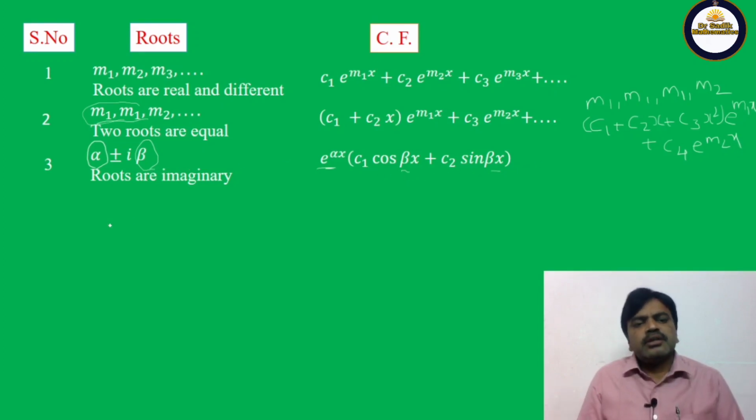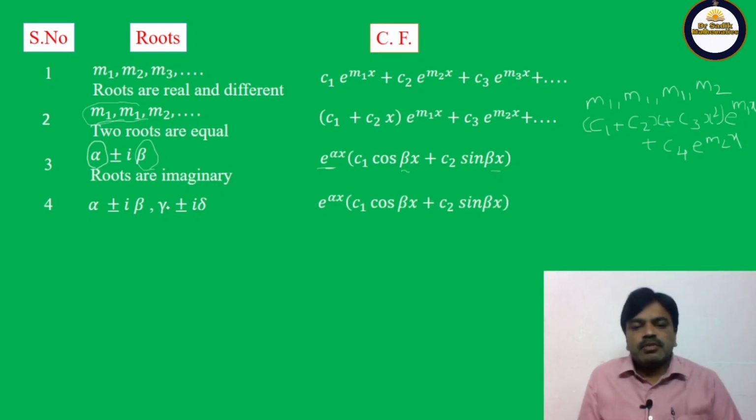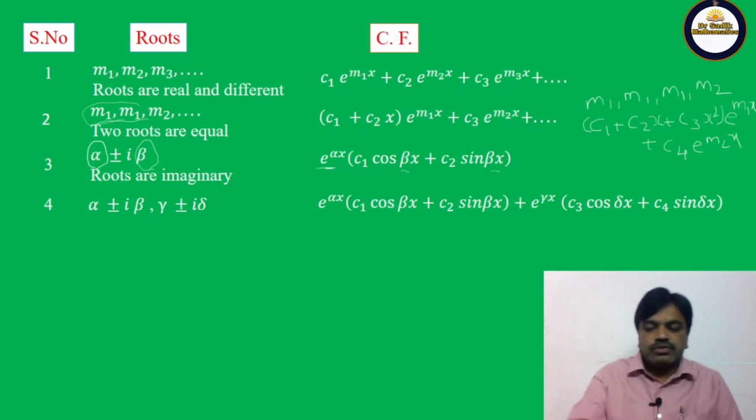If there are two imaginary roots, then what is the complementary function? Let us see. e power alpha x times c1 cos beta x plus c2 sin beta x, plus for the second one, gamma plus or minus i delta, c3 cos delta x plus c4 sin delta x. This is for two distinct imaginary roots.